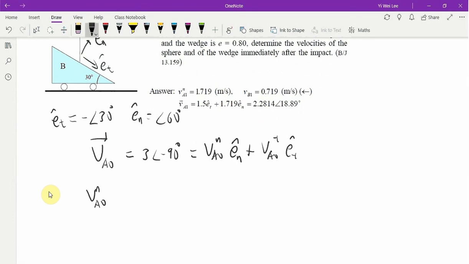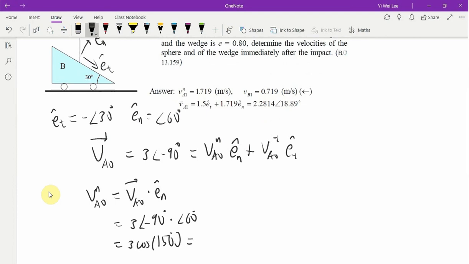The component of the velocity of A before collision in the direction normal to the plane of collision is equal to the velocity of A before collision dot product with EN. In this case, I can confidently say this is 3 at negative 90 degrees dot product with the direction of 60 degrees, which is equal to 3 cos 150 degrees.